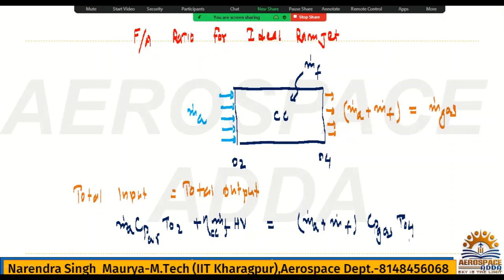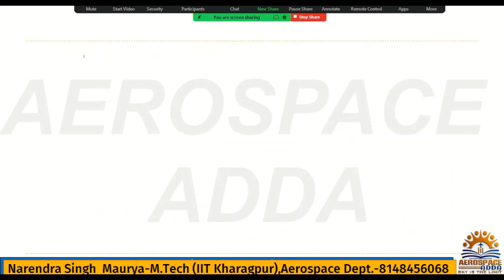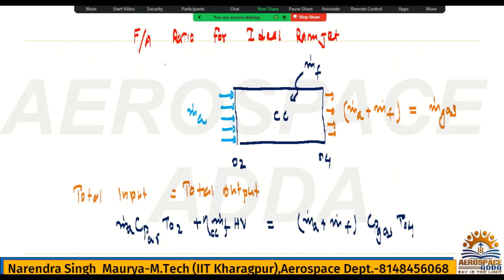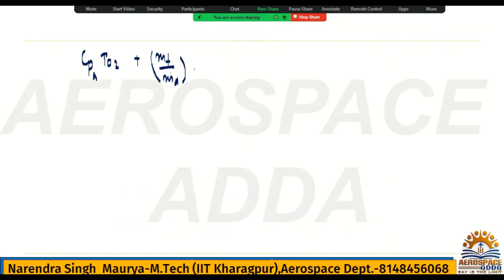Okay, if you multiply and divide by m dot a on both sides, what will you get? You will get Cp of air, T02, plus m dot f divided by m dot a, into heat value, eta cc. See, eta cc is the combustion chamber efficiency. Sometimes they give it to you, sometimes they will not, so nothing to worry.